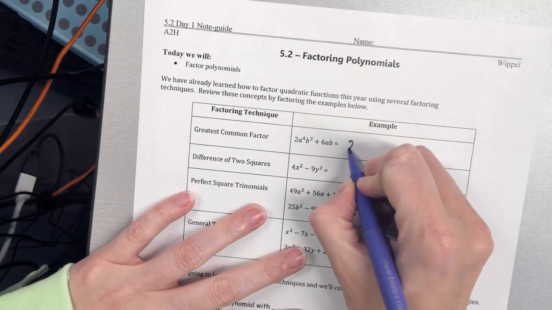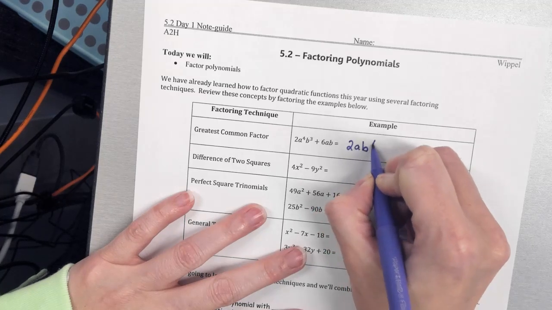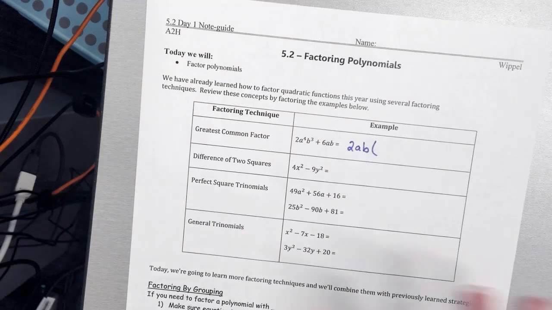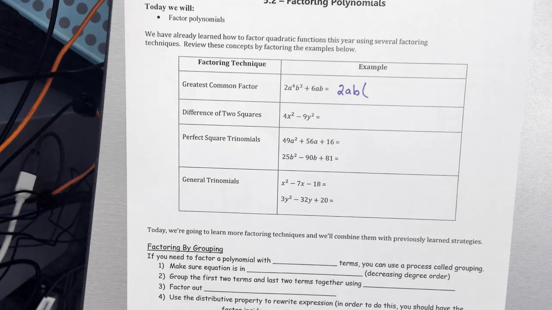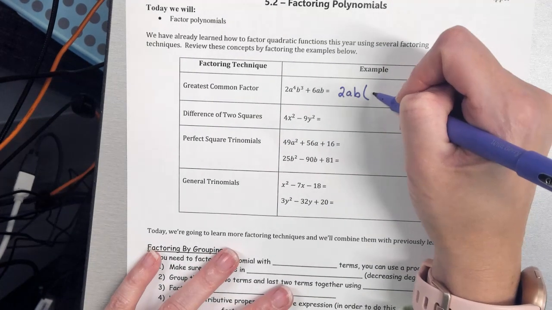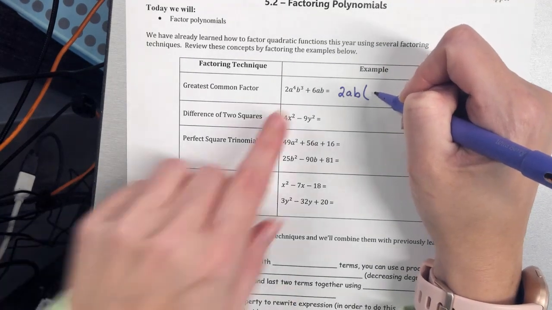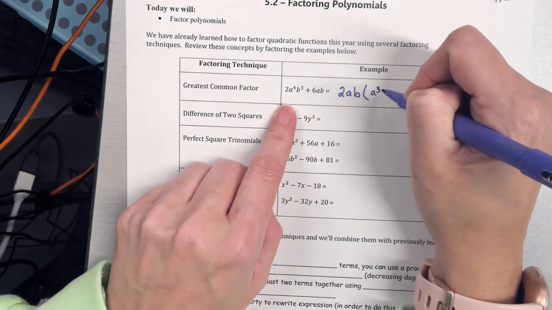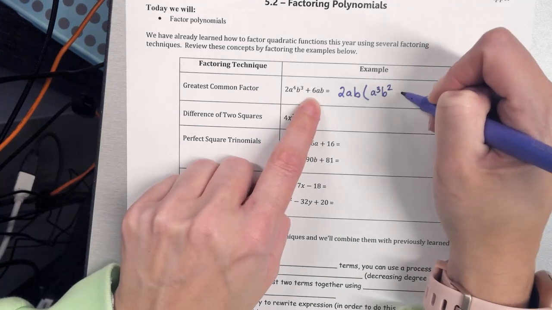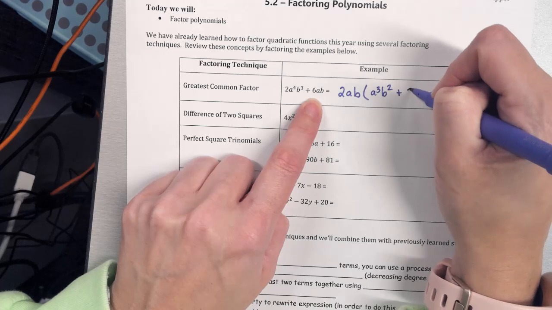So you should have taken out 2, an A, and a B. When you take out the GCF, remember how that sits in front, and then your parentheses go behind it. And then once you factor that out, what were you left with inside? A cubed B squared, and then here you have plus 3.